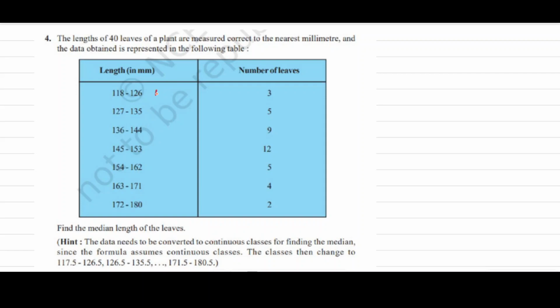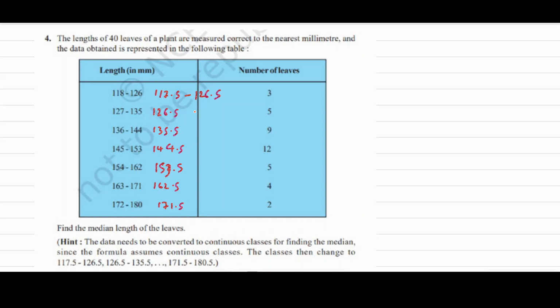This will be 117.5, here this will be 126.5, then 126.5, 135.5, 144.5, 153.5, 162.5 and 171.5.